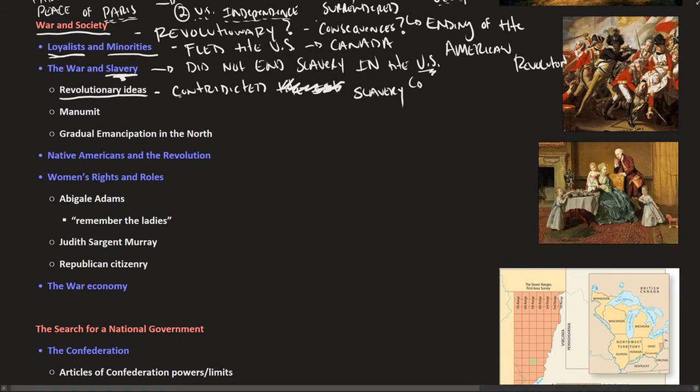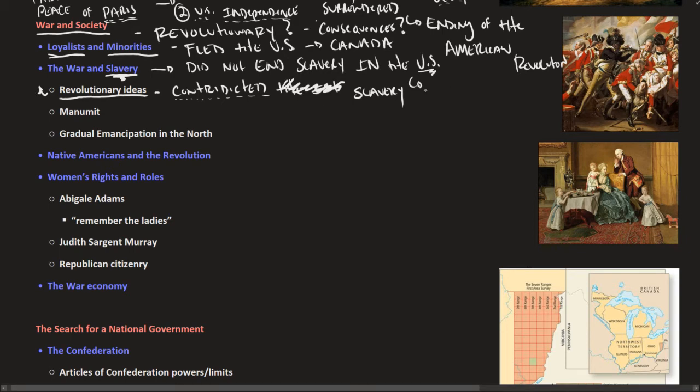These ideas contradicted. A lot of the ideas related to the Enlightenment talked about things like equality and democracy. But these ideas were enough to, like I said before, maybe damage slavery in the United States, but certainly did not end it.